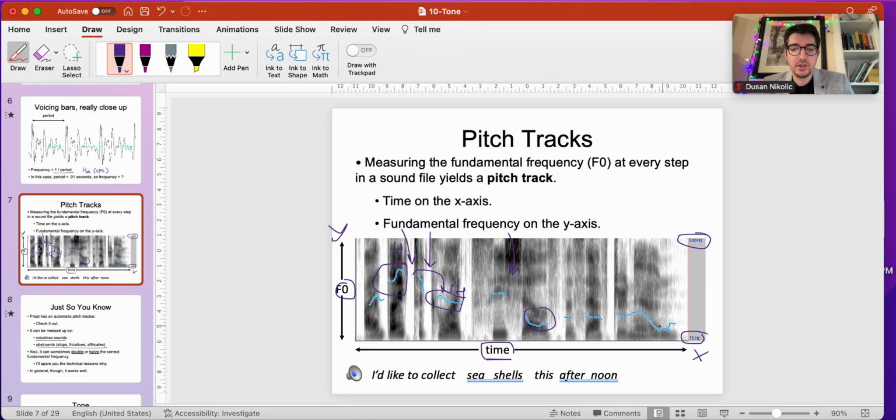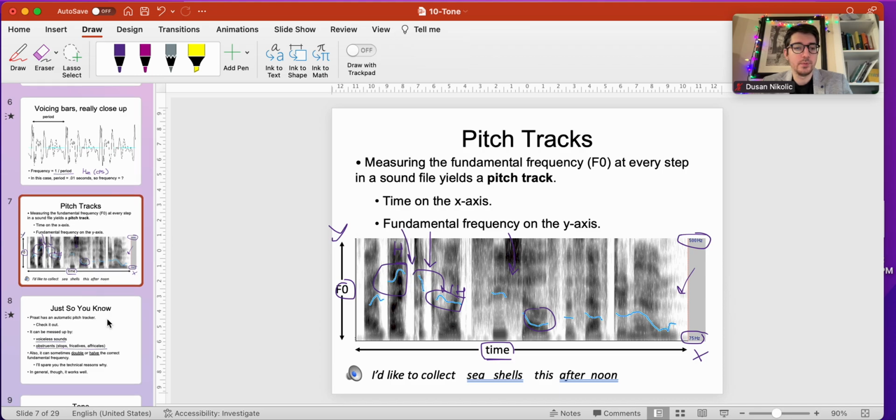And that's why there are no continuous blue lines on this pitch track. All right, I hope this makes sense to you.